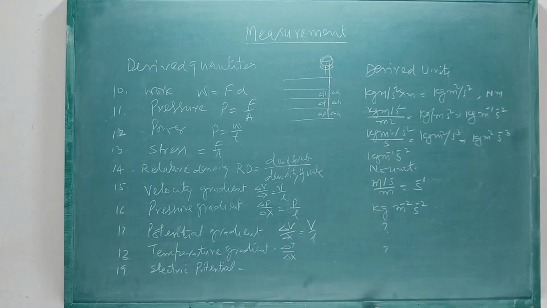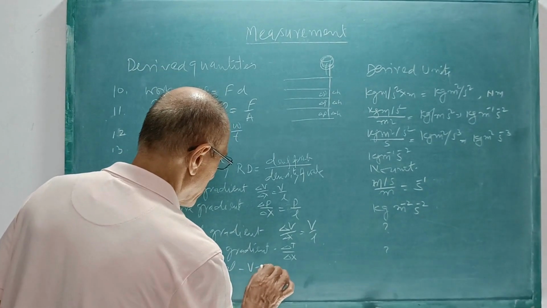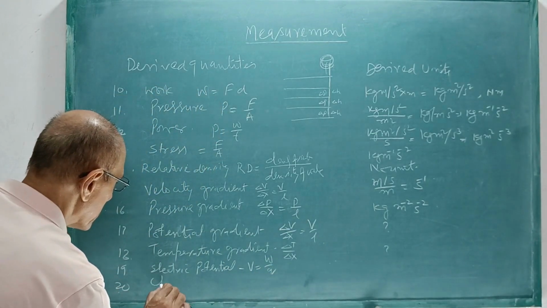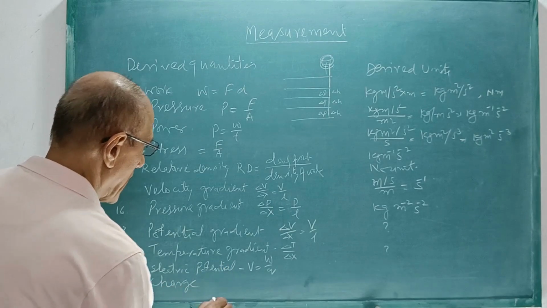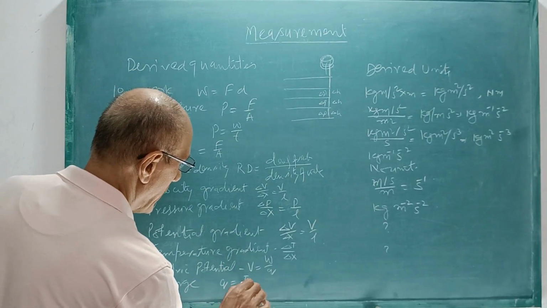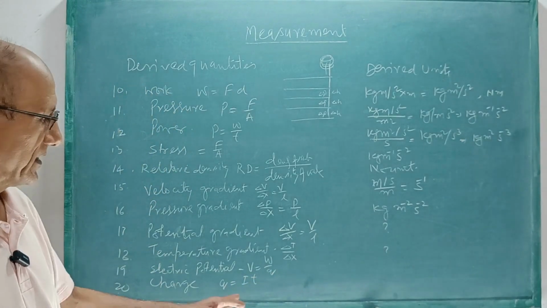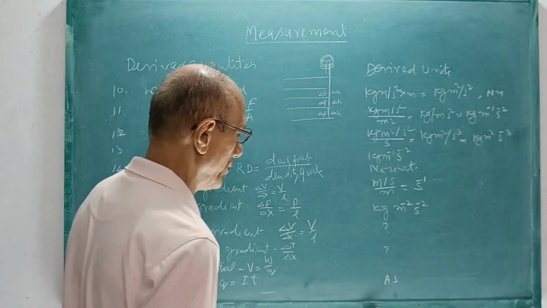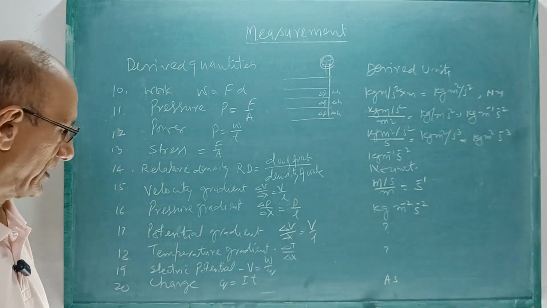Potential is work per unit charge. So what is this charge? Charge Q equals I into T. So I is current and T is time, so it will be ampere second. The unit of the charge is ampere second.